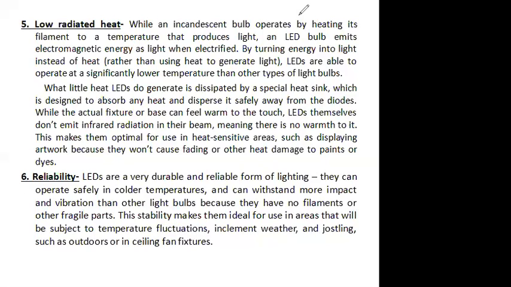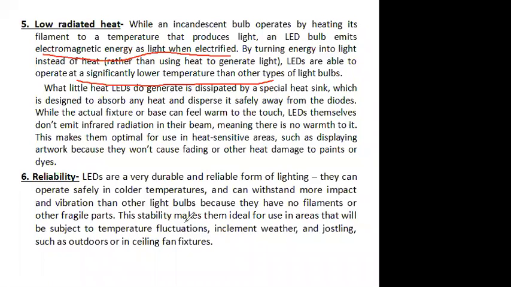Okay. So low radiated heat. While an incandescent bulb operates by heating its filament to a temperature that produces light, LED bulbs emit electromagnetic energy as light when electrified. By turning energy into light instead of heat, rather than using heat to generate light, LEDs are able to operate at significantly lower temperatures than other types of light.